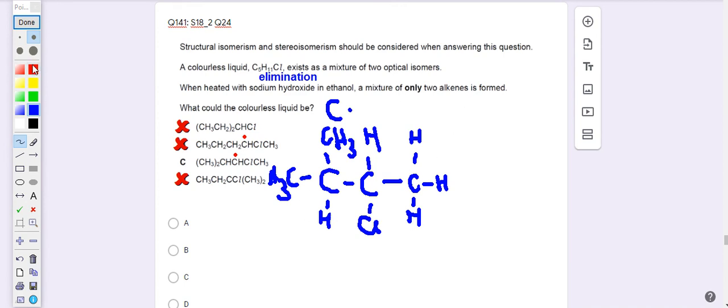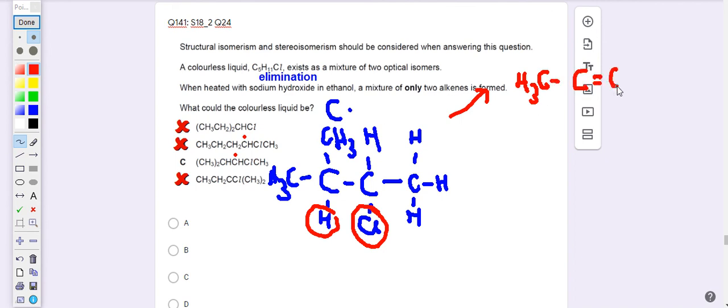So I'm going to use two different colors to show the two different eliminations. One is I remove this Cl and one H from the left hand side adjacent carbon. It will give me this product, CH3. Now there's a double bond between these two carbons because each of them will remove one atom.